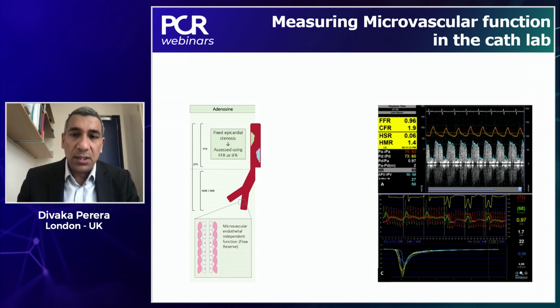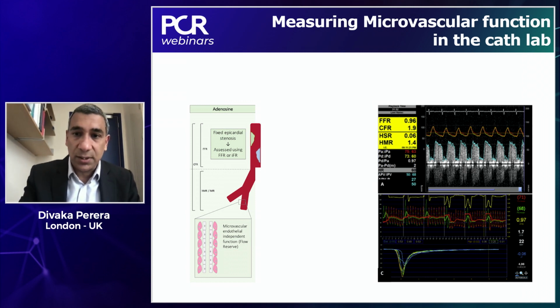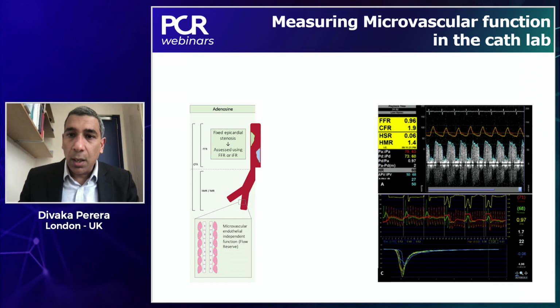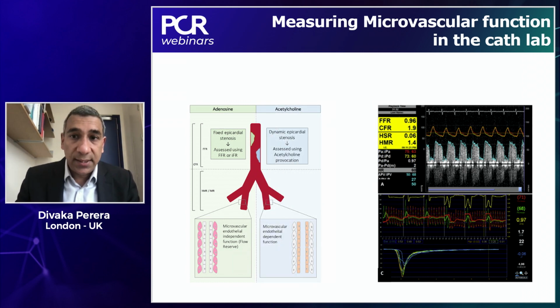But using the same stimulant, we can, in the case of non-obstructive coronary artery disease, assess microvascular function. And the two main measures that are made are coronary flow reserve, which I'll come to in a minute, and also more specific measures of microvascular resistance. Now, using the same measurement setup, but different pharmacological agents, we can also assess endothelium-dependent function.